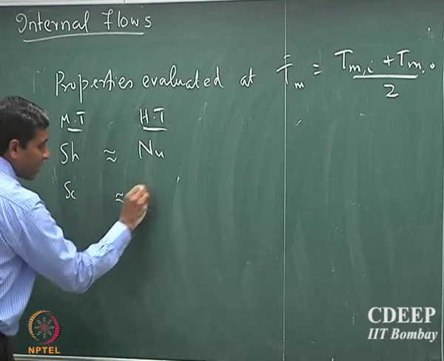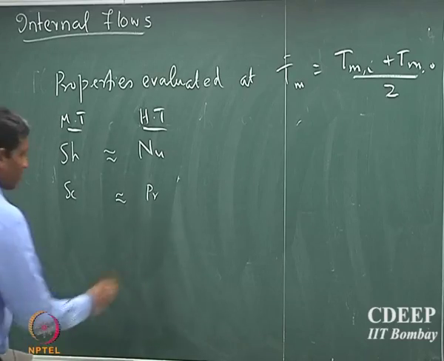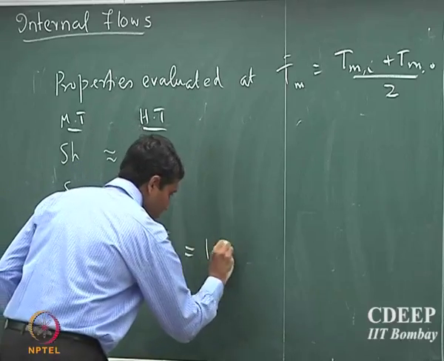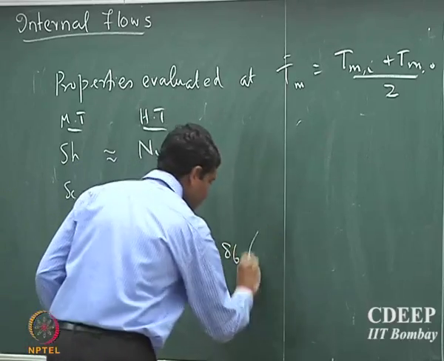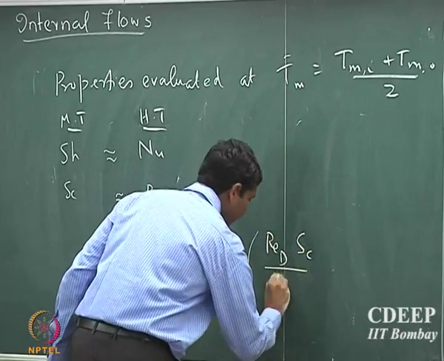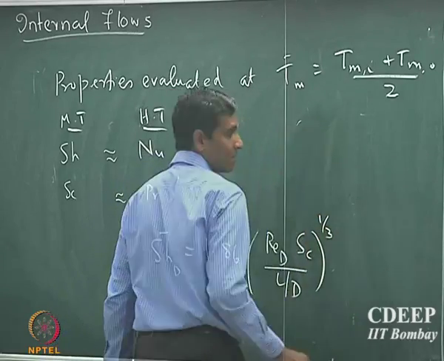Schmidt number and Prandtl number are equivalent, right? So you replace Nusselt number with Sherwood and Prandtl with Schmidt, you will get the corresponding correlation for mass transport. Okay. So just for completeness, we'll write them here. 1.86 times Schmidt number divided by L by D to the power of 1 by 3.